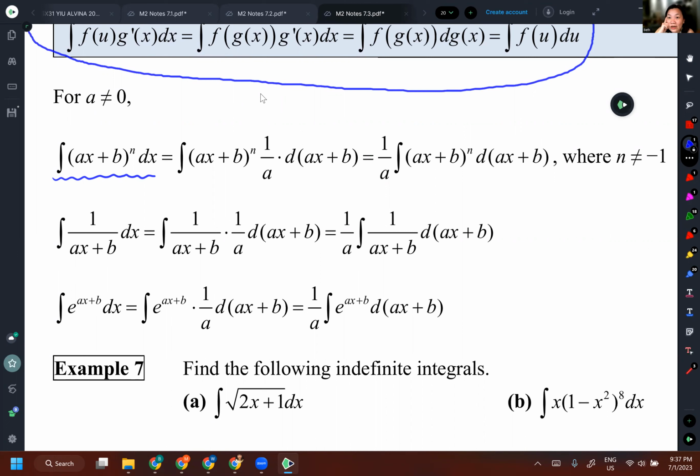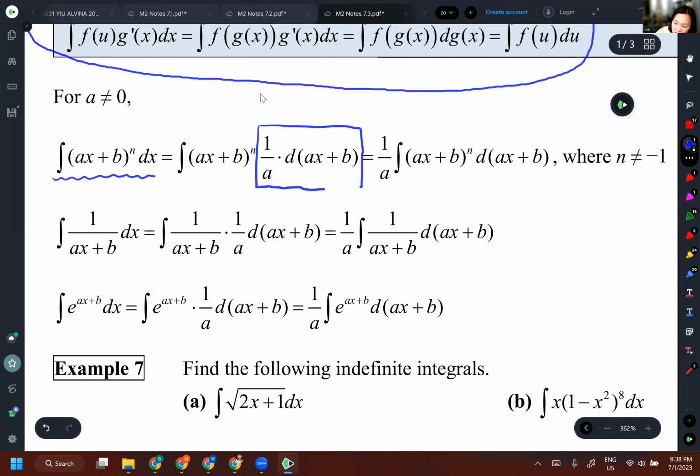Then there is a way to integrate faster without expansion. And the trick is this. This is what we call integration by substitution. Now, let me highlight this part. dx is changed to d(ax + b).